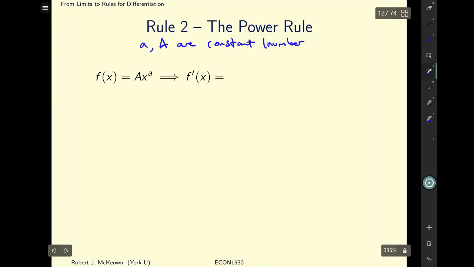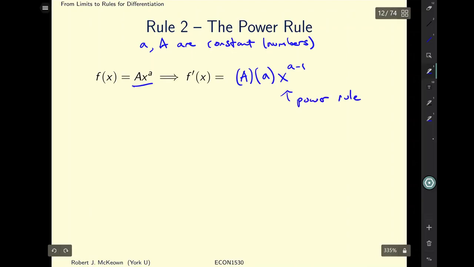We mean they're just numbers. And if I've got a power function of this form, again, I can tell it's a power function because x, the thing that we want to take the derivative with respect to, is the base to the exponent. I can rewrite this as a times a times x to the power of a minus 1.